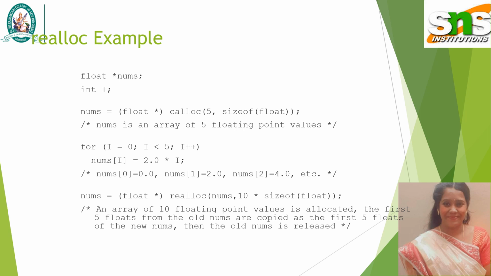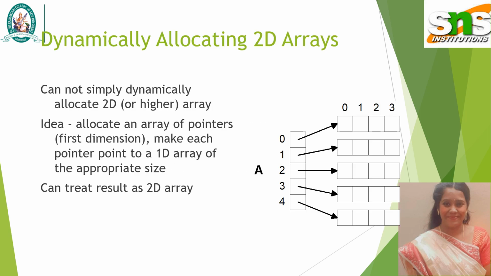It attempts to resize the memory pointed to by the pointer to the new size. If the new size is larger, realloc may move the memory block to a new location. If the new size is smaller, realloc may free the excess memory. For 2D, it cannot simply allocate it, because we make each pointer point to a 1D array of the appropriate size. It can also result in a 2D array of an appropriate size in the memory.